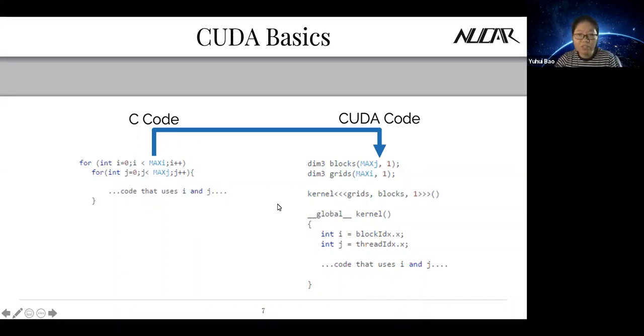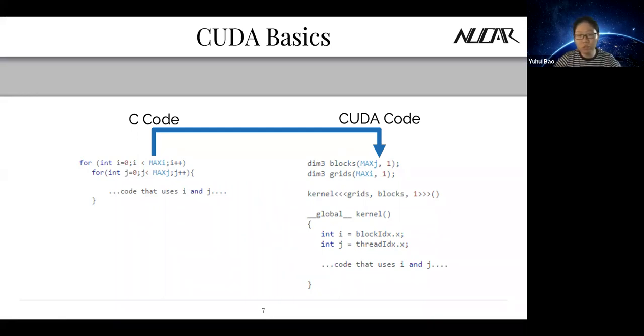Basically, what this code does, on the left side, you can see two indexes: i from 0 to max i, and index j from 0 to max j. What you do is something inside the kernel using the index. You can imagine it's like accessing a matrix, where one dimension is 0 to max i and the other dimension is 0 to max j.